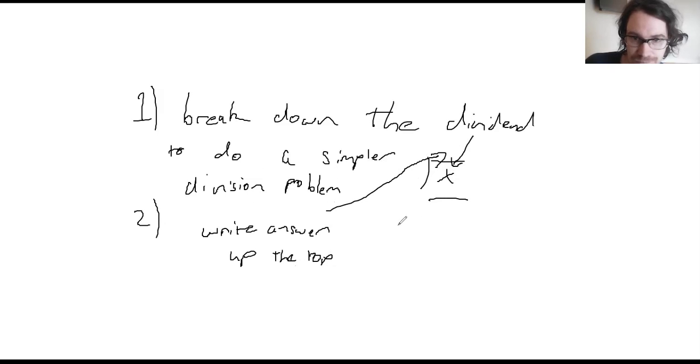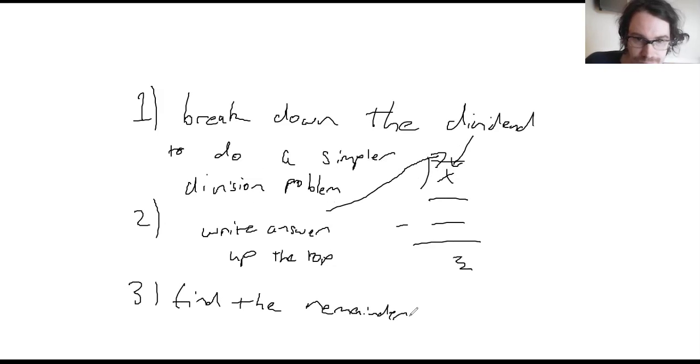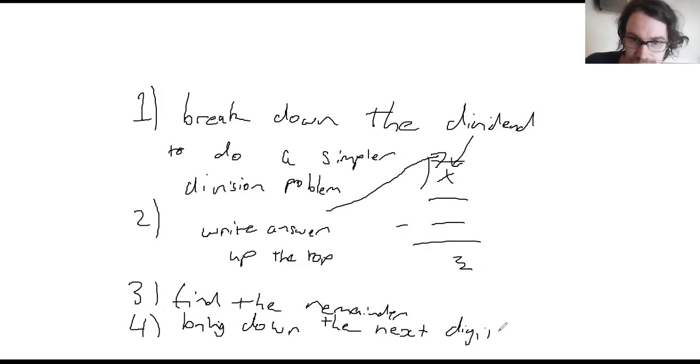Then we find the remainder, and then bring down the next digit. And then we do division again.